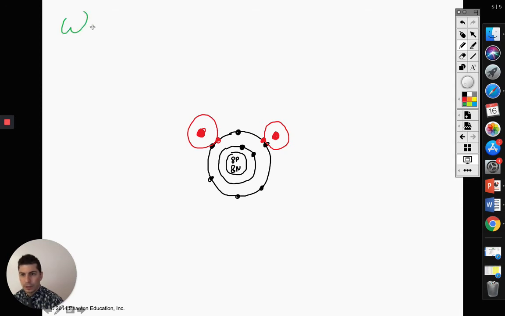Again, it's water. So with water, guys, these electrons are not going to be shared equally. I'm going to make this red one green. We're going to highlight it, and I'm going to show you what happens to that green electron. And again, that green electron belongs to hydrogen.